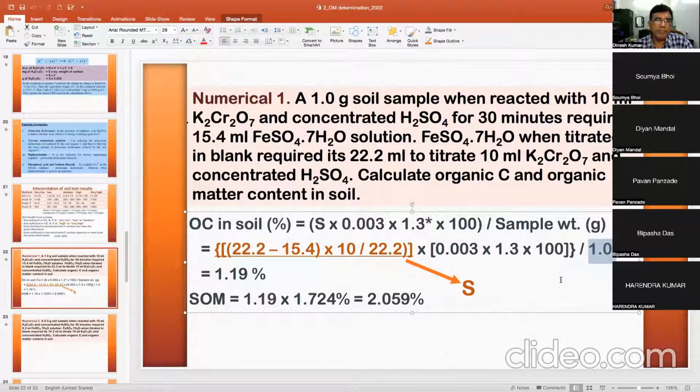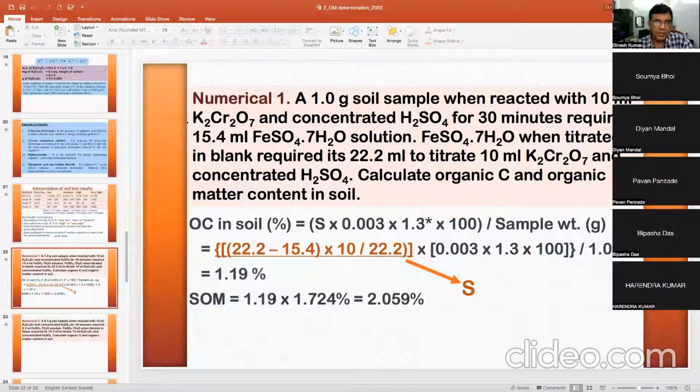Because the weight of soil is in gram, you need to multiply by 0.003 gram. Thus, you get 1.19% of organic carbon in soil.